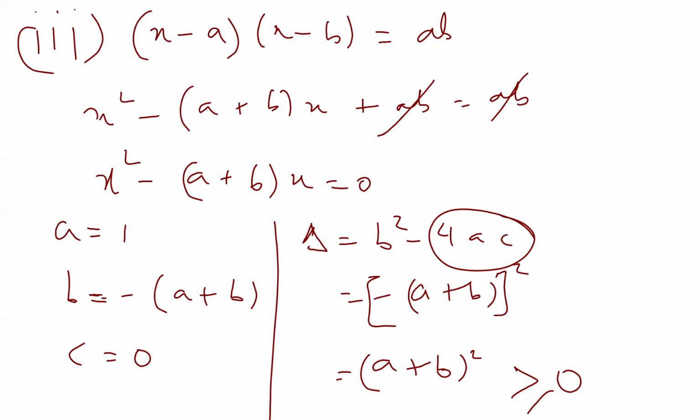So it is greater than 0 only if a is 0 and b is non-zero, or a is non-zero and b is 0, or a and b both are non-zero. So the square of anything of such category will be greater than 0. So in this case, the roots are real and unequal. But if a and b both are 0, delta will be equal to 0. So the roots are real and equal.